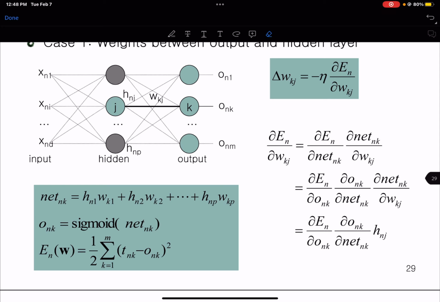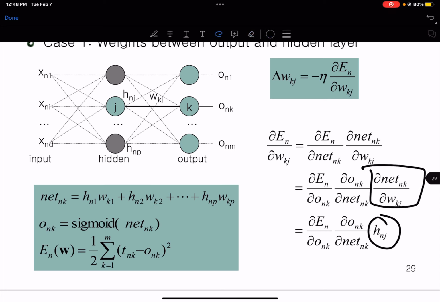So if we take the partial of net with respect to a specific weight value, simply we will get one weight value, your h of any value, because all the other weights will not be considered. Only a specific hidden node value will be considered. So this is simplified.